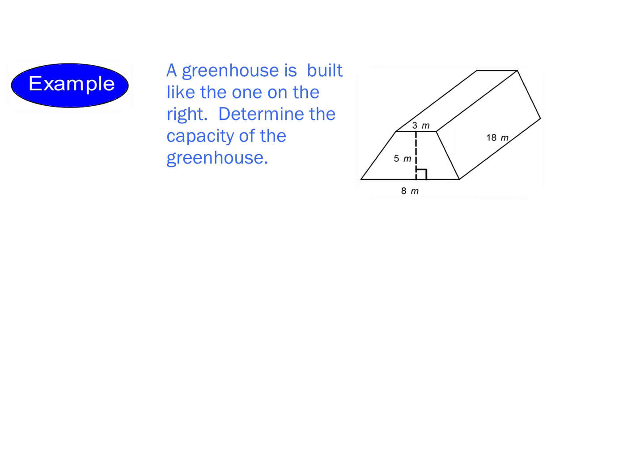You could say to me, well, we could turn it into a rectangular prism and two triangular prisms. Yeah, I guess you could, but we don't have enough information. So what are we going to do?